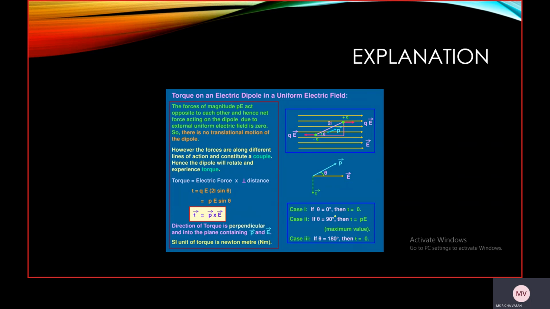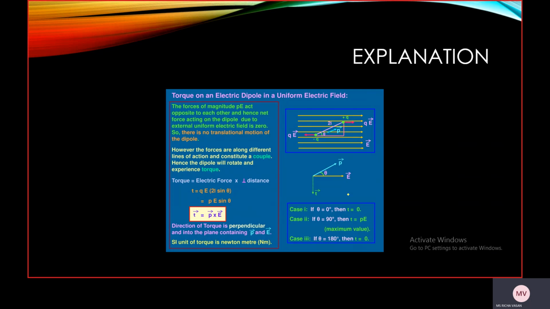So if we talk about the right hand thumb rule, then if the curling of fingers, from P to E, is in the anti-clockwise direction, you can see yourself, if you take your right hand and curl your fingers in the anti-clockwise direction, then the torque will be upwards. Okay, so Z axis upward, positive Z axis, the torque will be along the positive Z axis.